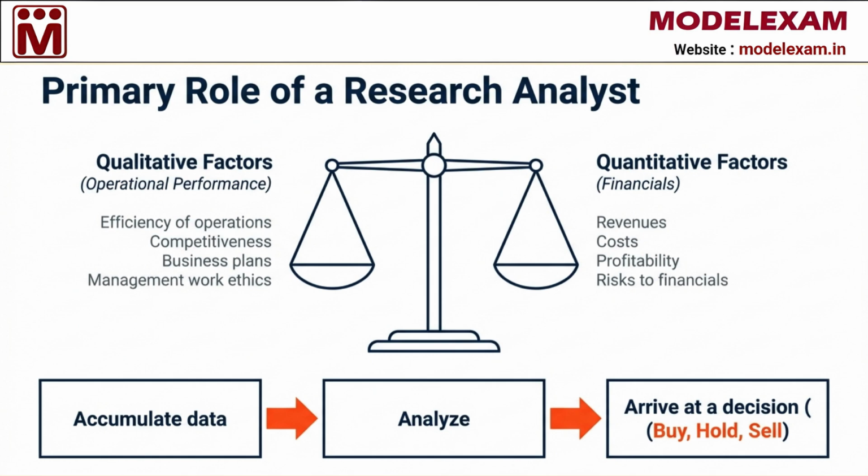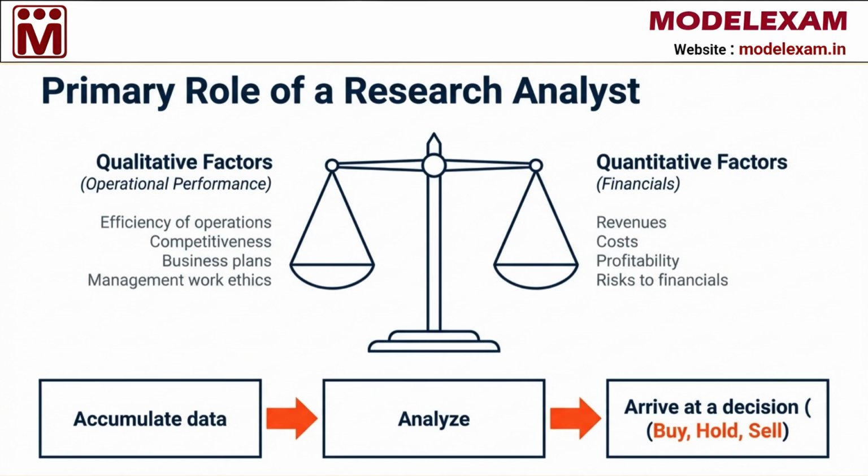Once an analyst has accumulated all this data, how do they process it? You can imagine a weighing scale balancing two types of factors. On the left side, we have qualitative factors regarding operational performance. This includes things like the efficiency of operations, competitiveness, business plans, and the work ethics of the management.